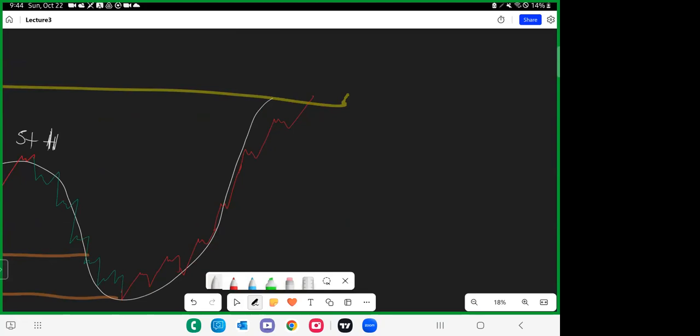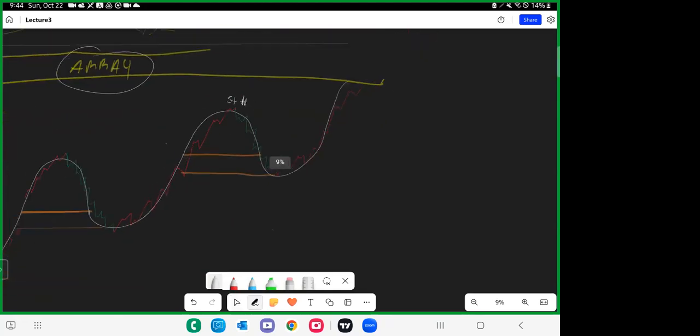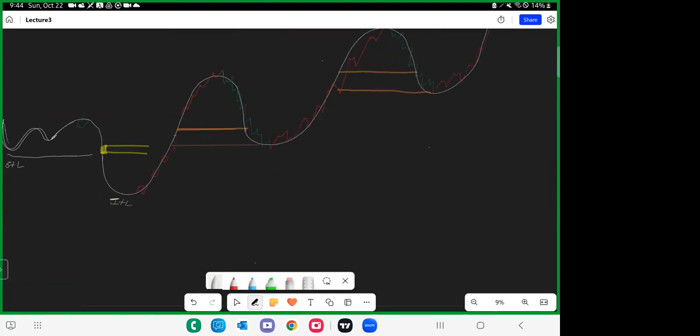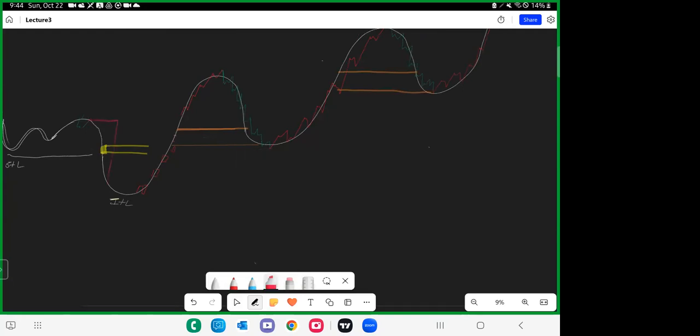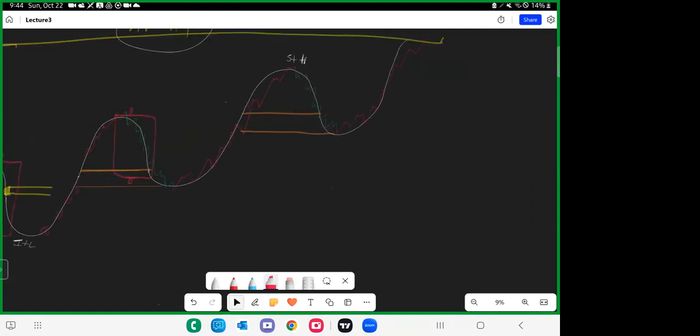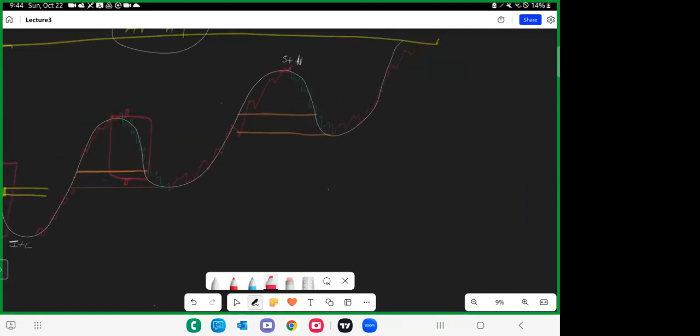Now, before I go through that point, what you guys have to understand is right here, that delivery creates a down close candle. This delivery creates a down close candle. This delivery here creates a down close candle.